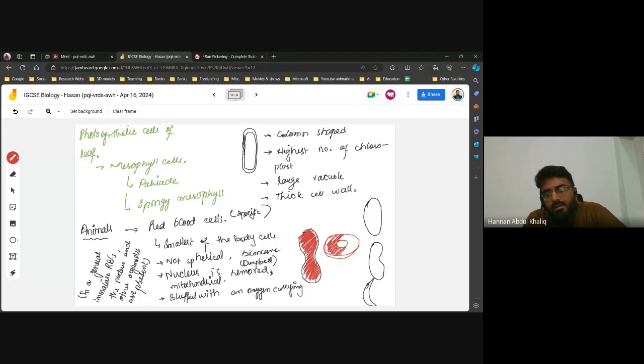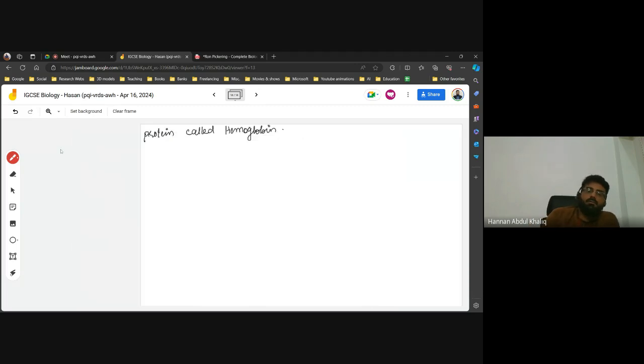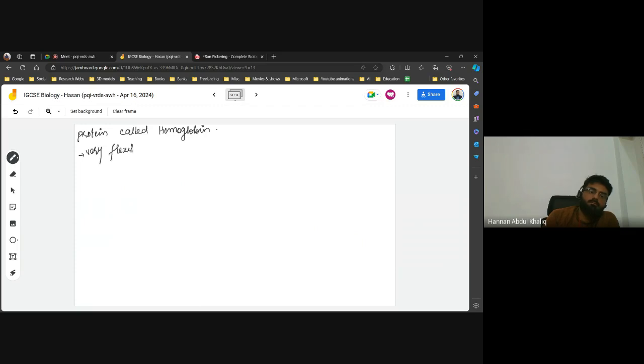Remember, the depression in the middle does not mean it's a nucleus. It's basically the thin area of the cytoplasm. Another important feature of red blood cells is that they are very flexible.